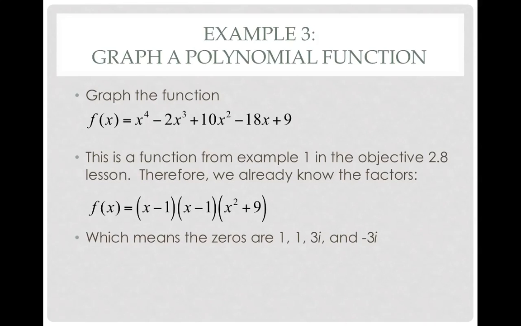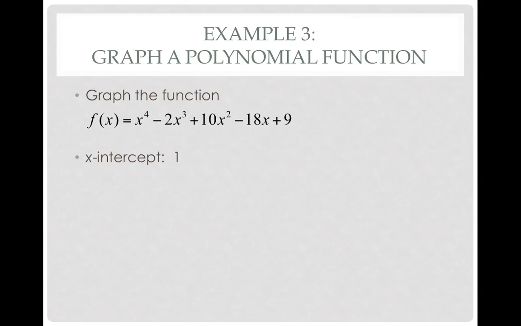So that means we ended up with zeros of positive 1, 1 again, because it's a double factor, 3i, and negative 3i. Now, keep in mind that only the real number zeros will show up as x-intercepts on the graph. So our 3i and our negative 3i are not going to help us in terms of graphing. Only the 1 is going to help us.